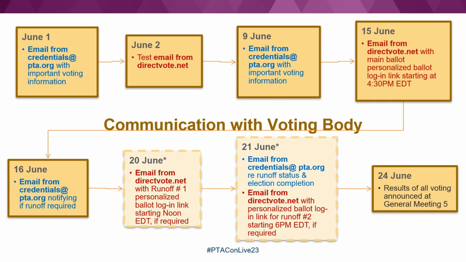All information about runoffs and when voting is complete will be sent by National PTA via an email from credentials@pta.org. And the main ballot and runoff ballot logins will be sent by email from the voting vendor from noreply@directvote.net.